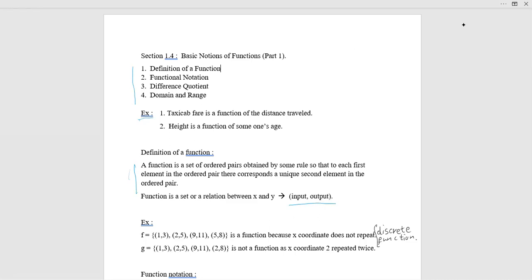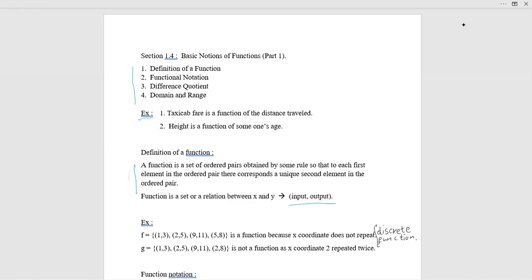Here is an example for a function and not a function. F is a function, G is not a function. Let's see how it works. F is (1, 3), (2, 5), (9, 11), (5, 8). Its x is not repeating, therefore it is a function. On the other hand, G is defined as (1, 3), (2, 5), (9, 11), (2, 8).